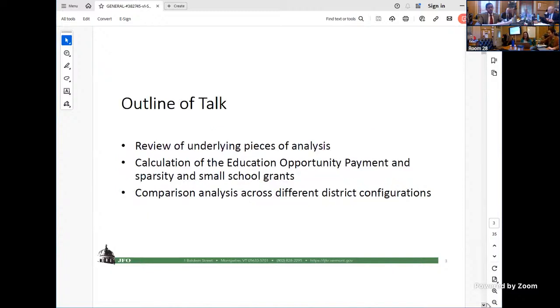So briefly touching on the underlying pieces of the analysis, some level setting reminders, and then an overview of the actual education opportunity payment, how it would be calculated under H454, as well as the varsity and small school grants as passed by the House, and then that comparison analysis across, I believe the chair asked for 4 different district configurations.